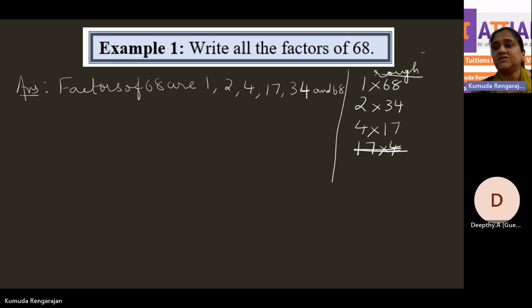And 68. And what about the rough work? And strike it out, right? 17 4s and strike it out. You must write whatever you see on the board, Santosh.